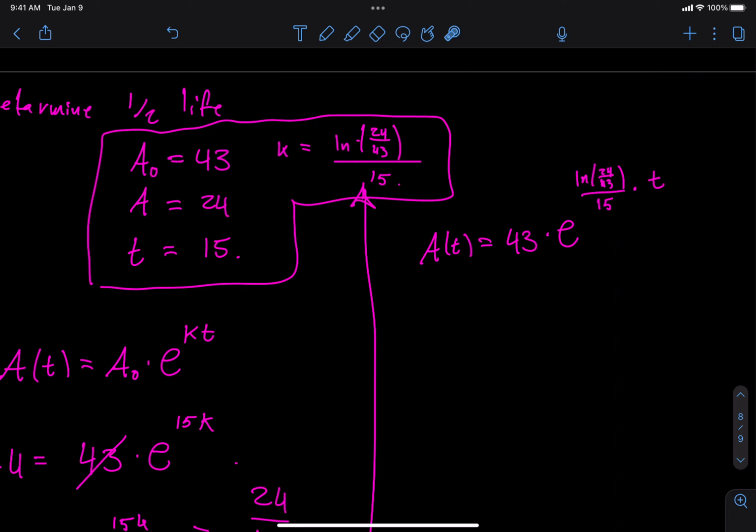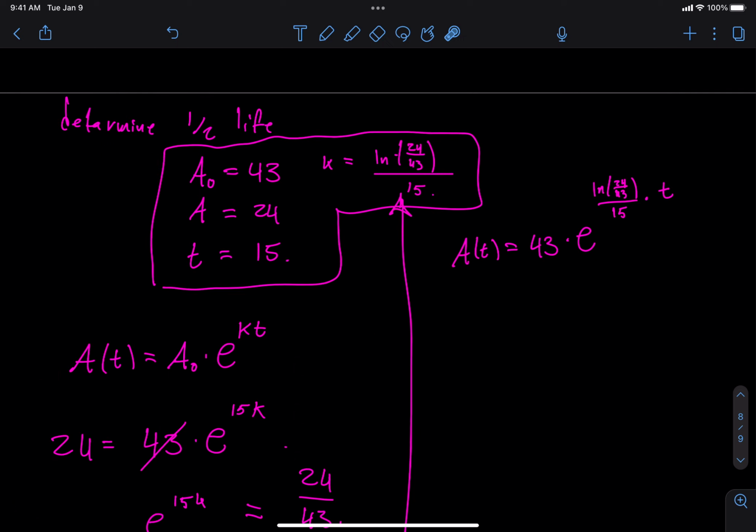So how should I proceed? Maybe we can phrase the question. I'm looking for the half-life, which is a measurement of what? Time. Yeah, it's time, right? It's a measurement of time.